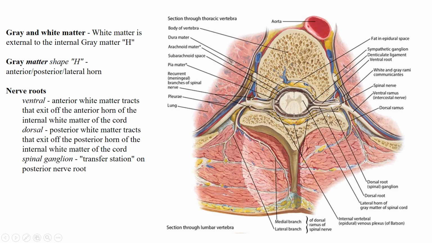So this is the intervertebral foramen here in between the body and the transverse process, and the nerve impulses go out to the body and then back in again. And this dorsal ganglion is like a transfer station of information. So the gray matter contains the nerve impulses, and the white matter is like the highway that they travel through to get in and out of the body.